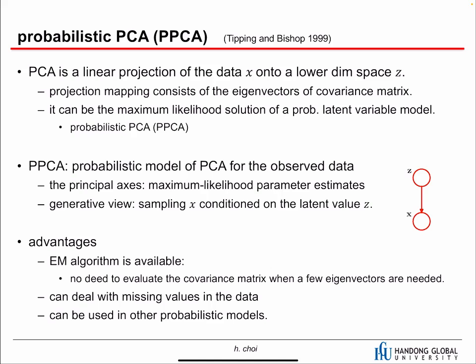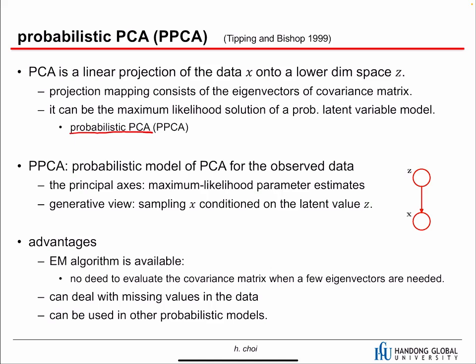And this PCA can be reformulated as a probabilistic model. And then this probabilistic model can be solved based on the maximum likelihood. So if we understand the PCA as a probabilistic model, then we can make a probabilistic PCA. Probabilistic PCA is a probabilistic version of PCA, but it's slightly different from PCA.